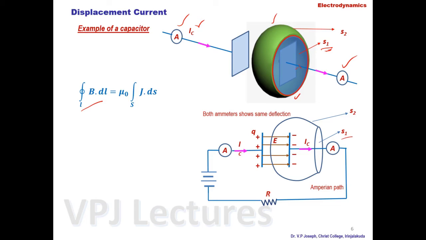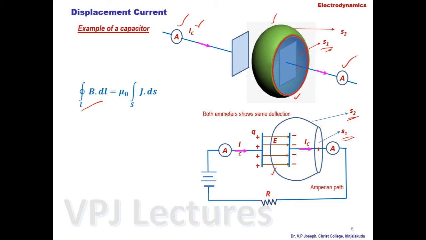For S1 we have the current conductor IC crossing at this point, whereas for the second S2 we can see that it is passing through the capacitor, so there is no conduction current enclosed or passing through the surface S2.